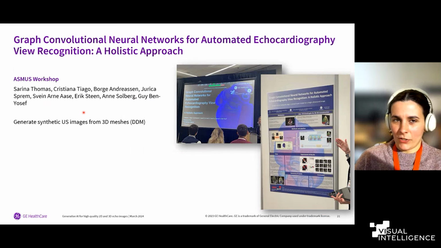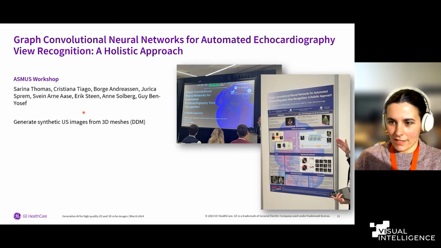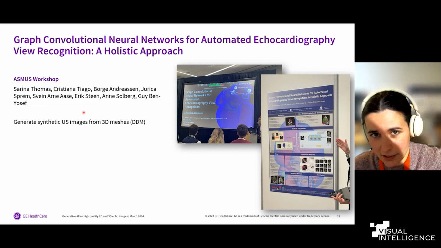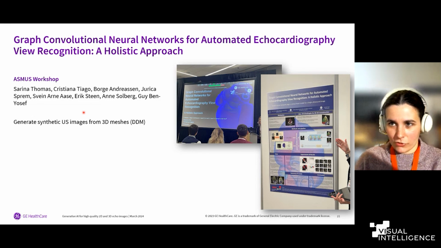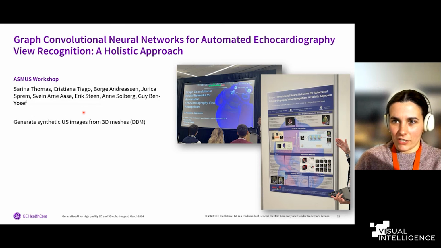Another project where I've been using this 2D adversarial diffusion model is this graph convolutional neural networks approach to perform view recognition on echocardiography images. And you might have recognized the author of this nice work, Sarina.